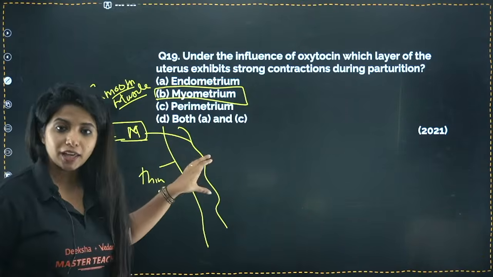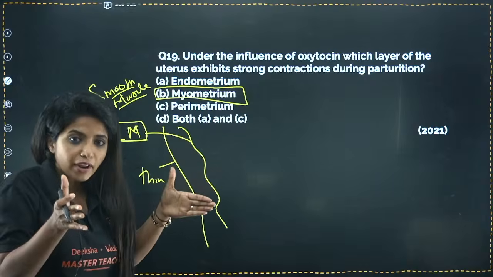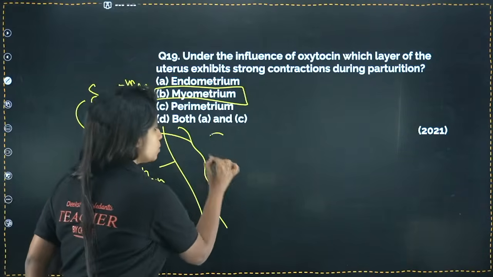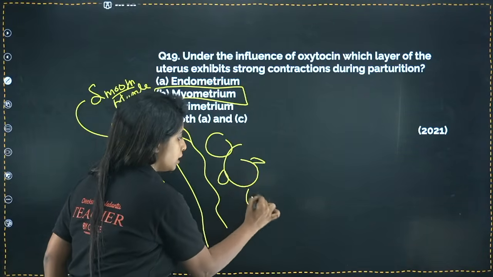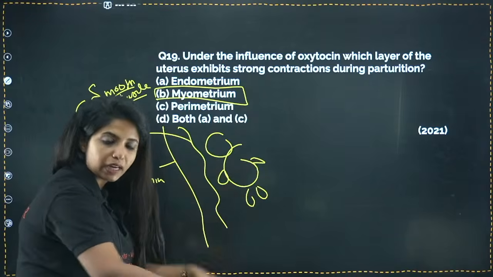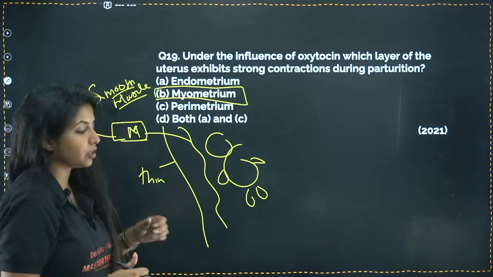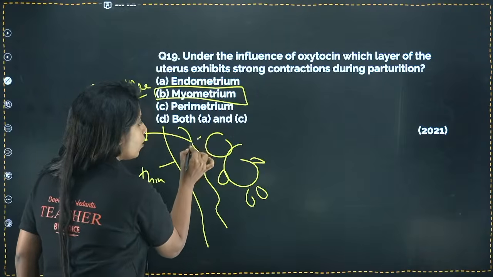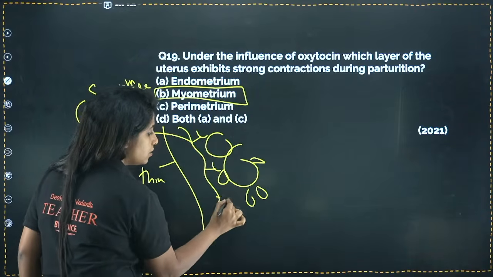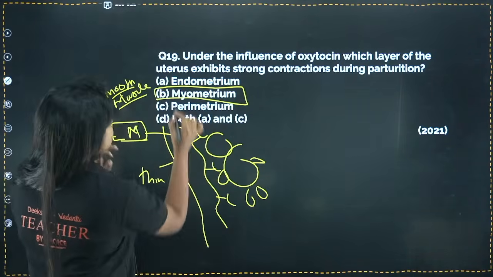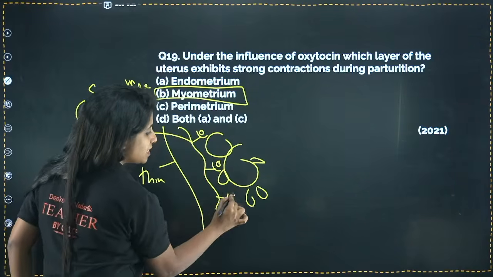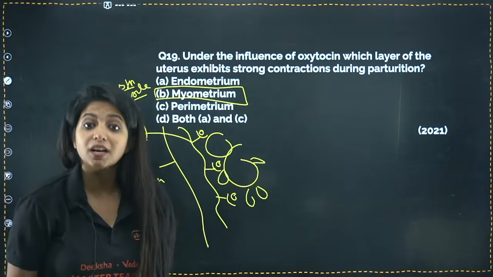That is why they are over here, because they will be undergoing contraction, relaxation, contraction, relaxation. And this baby who is over here will be now pushed outside because of this regular contraction and relaxation. Why? Because over here on the myometrium you would be having certain receptors, and onto these receptors some things are going to come and attach. What are these things, my dear children? Oxytocin, a hormone.